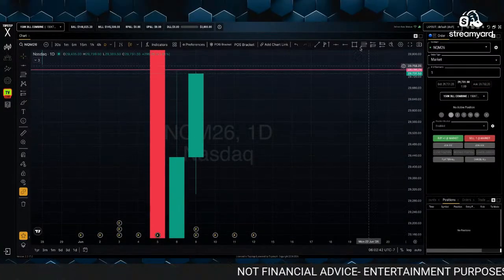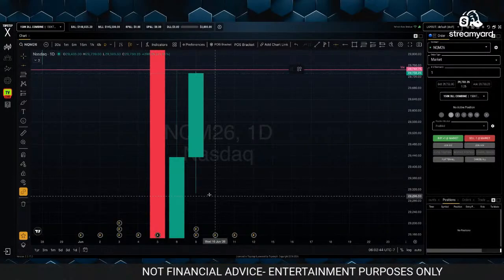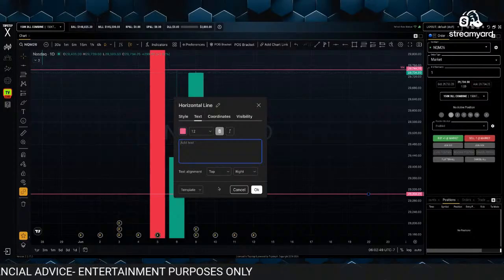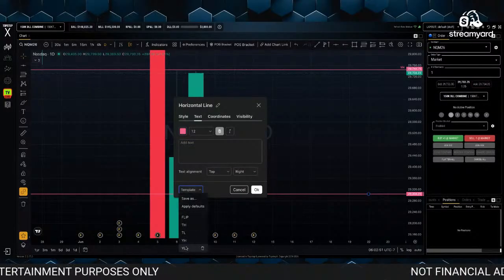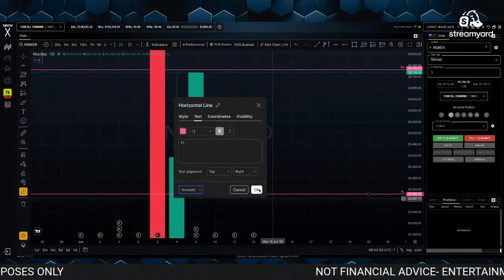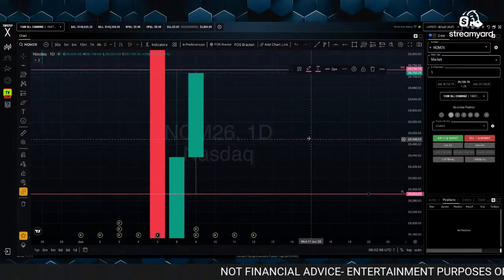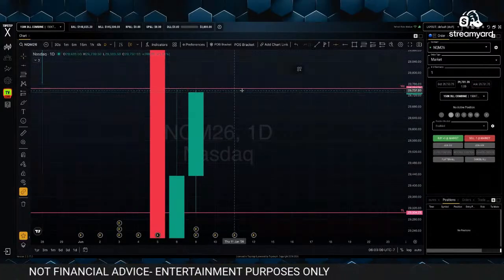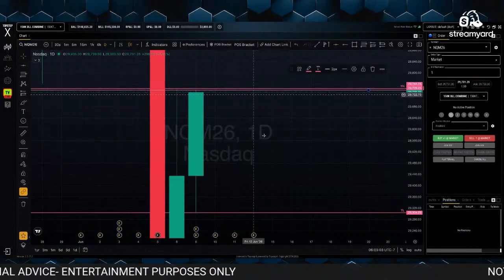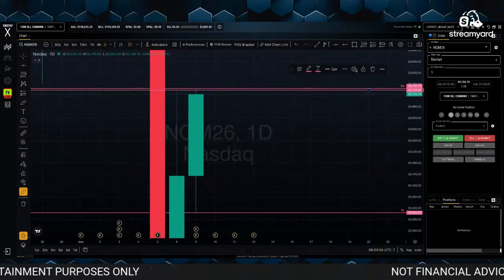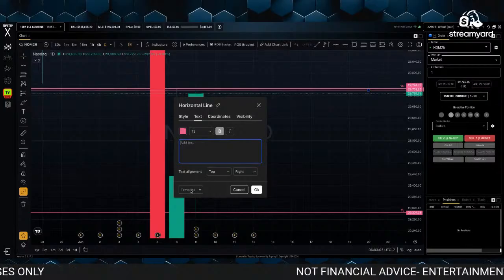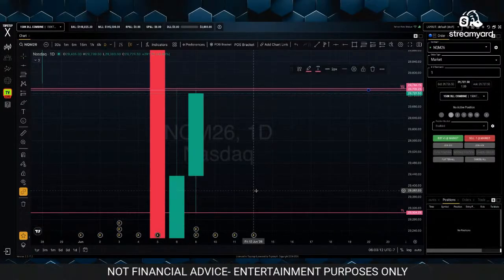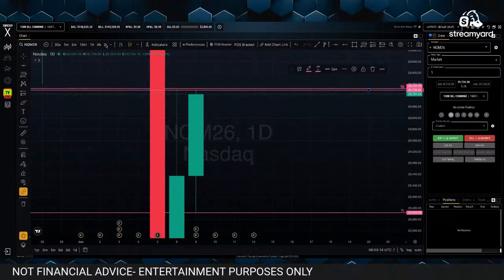So I will mark out today's low here, and then today's high, which is very close to yesterday's high right now, but I'll mark it out anyway. Today's high. And that's all I do on the daily chart.